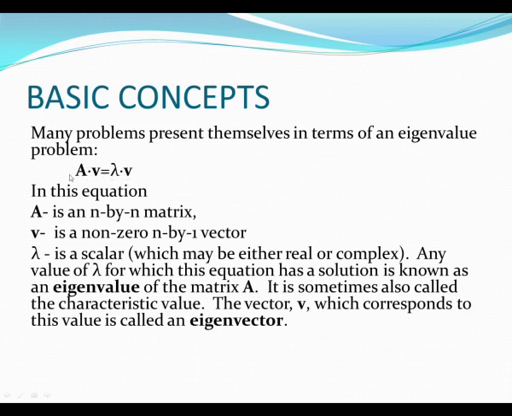Now the given matrix here should be a square matrix, meaning the number of columns and number of rows are equal, and the eigenvector here should be a non-zero vector, and lambda, which is the eigenvalue, is a scalar. Now from here we can derive the equation or principle that we can use.